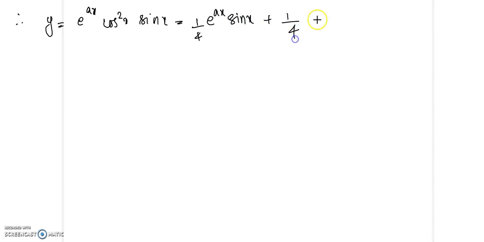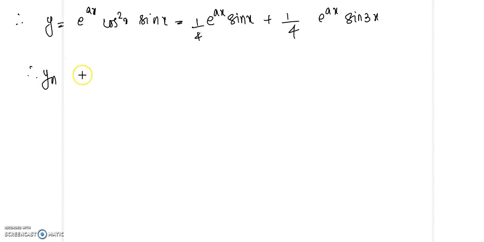So therefore y equal to e raised to ax cos square x sin x will be equal to 1 by 4 e raised to ax sin x plus 1 by 4 e raised to ax sin 3x. So let us take the nth derivative now.